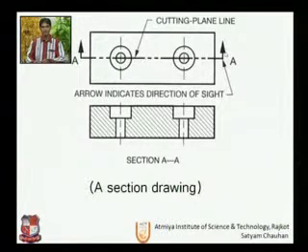If the arrows are in the upward side, we are watching the other side of the part. It is represented by a letter A, or say B, and the view is called section A-A. So this is a section drawing.